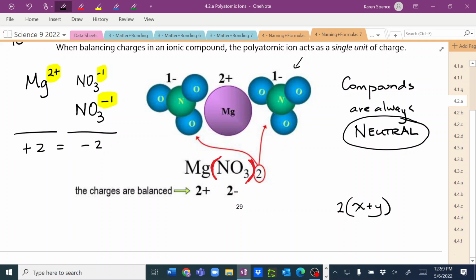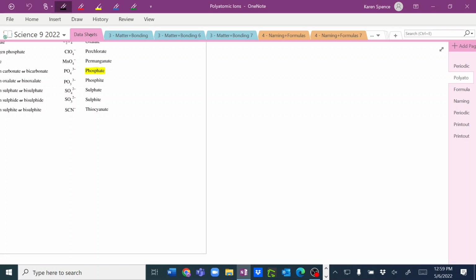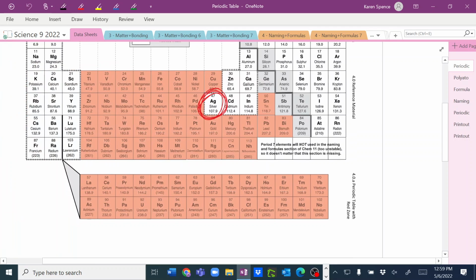What would we name this compound? What would the first name of the compound be? Magnesium. Does magnesium need a Roman numeral? How do you know if it needs a Roman numeral or not? You go and you look and you say, is magnesium in the red zone?